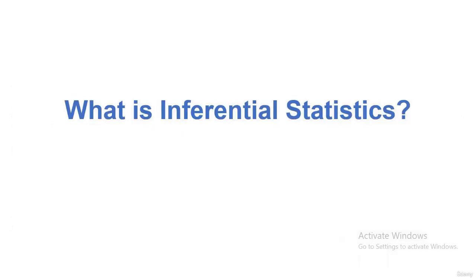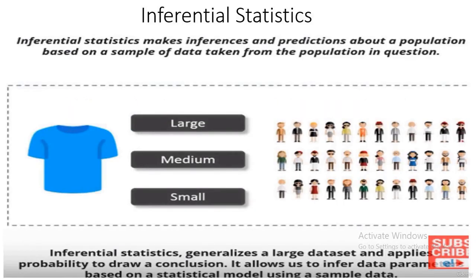But in the case of inferential statistics, it makes inferences and predictions about a population based on a sample of data taken from the population. Earlier it was for everyone, but here the t-shirt is being sized based on the sample of the population.